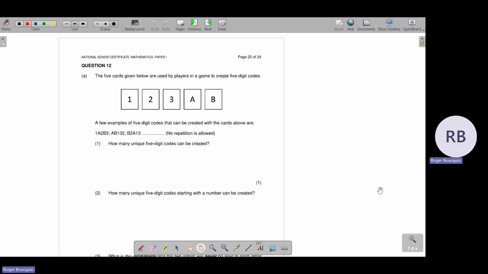You've got cards, and we've got the numbers 1, 2, 3, which are available. We've got these specific cards, not any number. You can't have 10 digits there. It's not any number, right? And then we've got two letters A and B, used by players to create 5-digit cards. What they're saying here is they can go in any position. You don't have to have letters and numbers, right?